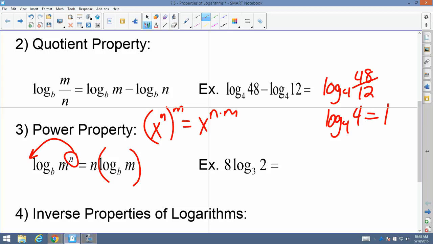Okay? So for example, 8 log base 3 of 2 equals what? Well, this can be contracted to log base 3 of 2 to the 8th power. Very good. Does that make sense?